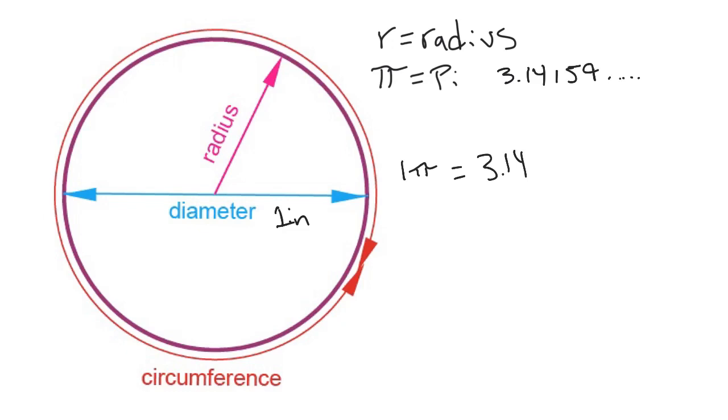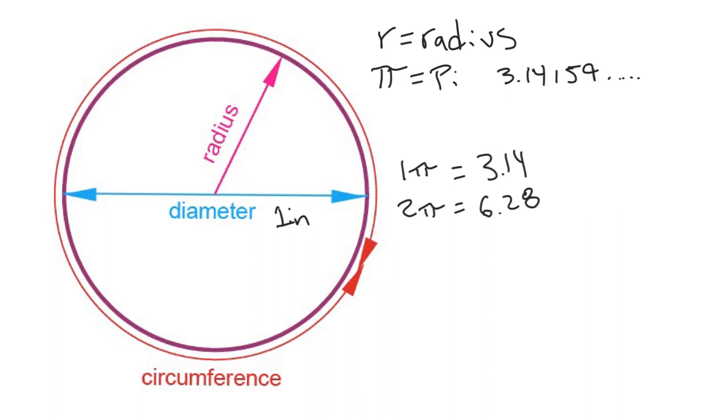Let me just draw, from here to here is 1. Then this entire thing all the way around is 3.14. That's how that works. If the diameter is 2, then it would be 2 pi, or 2 times 3.14, which is 6.28. And again, that's how we would figure this out.